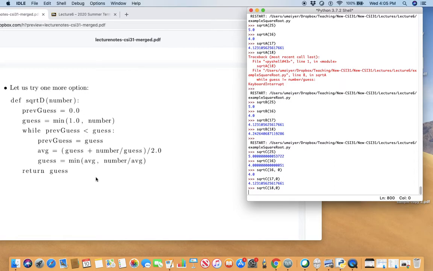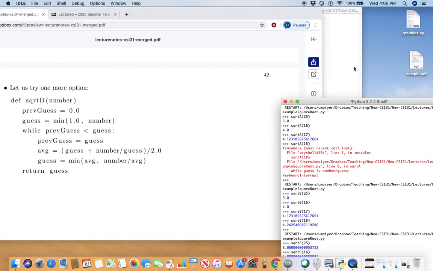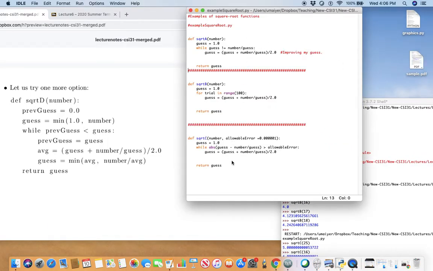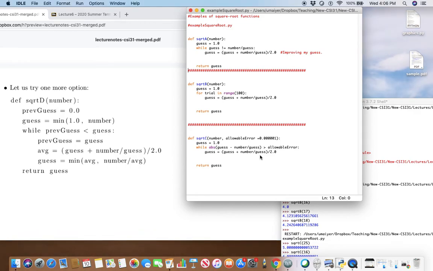This one I will ask you to type in a file like this. Make sure you type all these things, because typing is the only way for you to get comfortable. Even though you're watching me type here, it's better you type by yourself so you get a good feel for it. Type in this code. Here you have a distinction between the present guess and a previous guess.